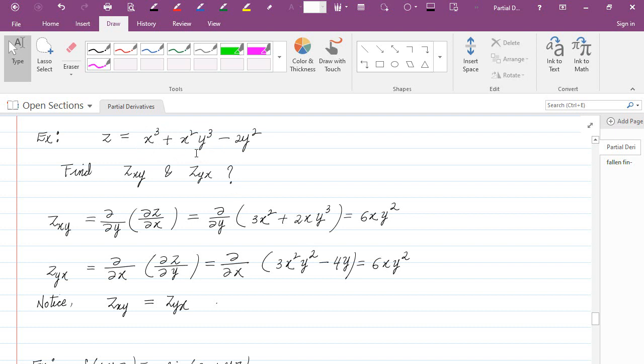The derivative of the middle term with respect to y would be 3x squared y squared, and the derivative of the last term would be 4y. Now we have to take the derivative of this with respect to x. With respect to x, we get 6xy squared, and the derivative of 4y would be 0, so we get 6xy squared. So notice that zxy and zyx are the same.